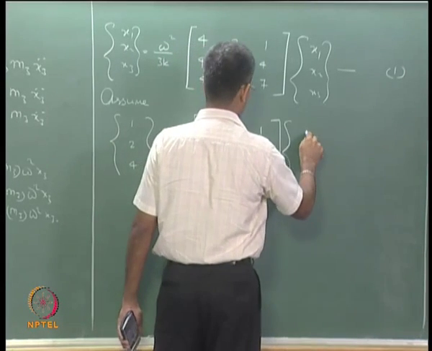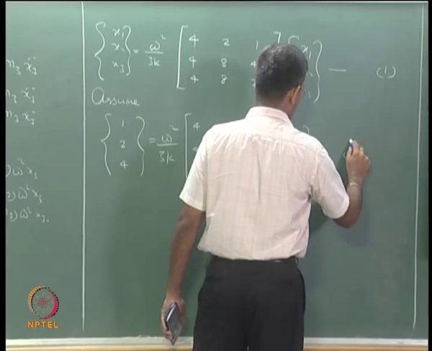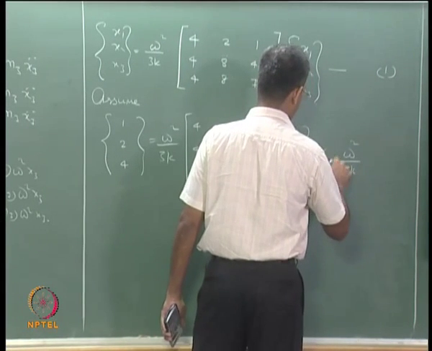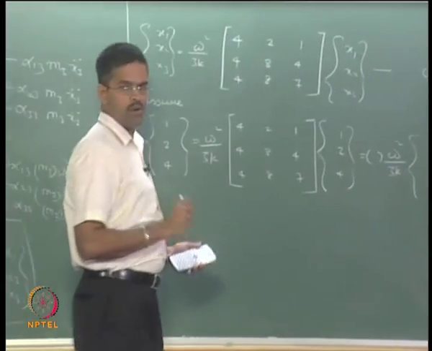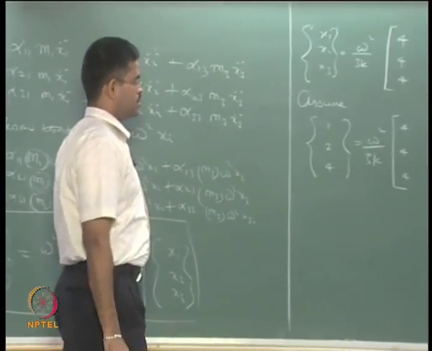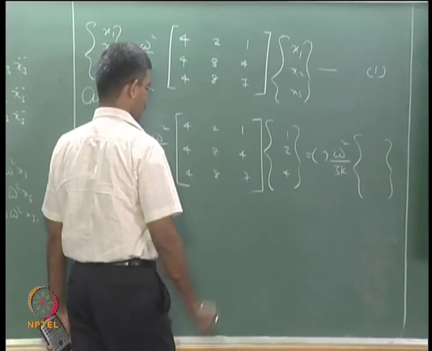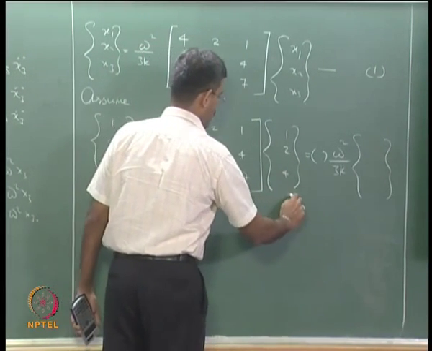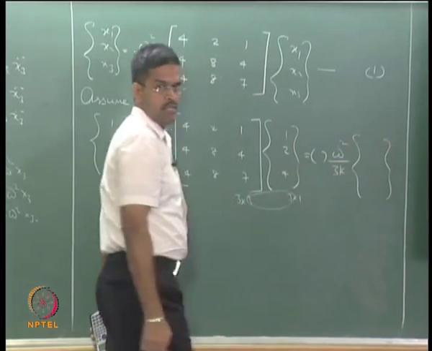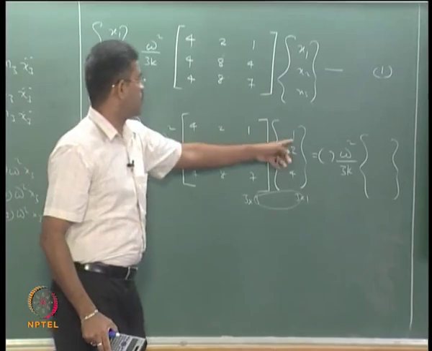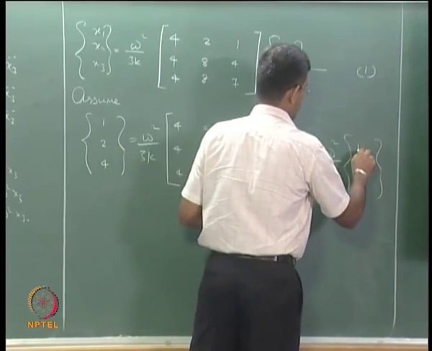Multiply again with 1 2 4, I get omega square by 3k. There is a small correction here, please see how we are doing it. Let us multiply the first row with the first column, because this is a 3 by 3 matrix and this is 3 by 1, so I ultimately get a 3 by 1 vector. The first value will be 4 plus 4 is 8 plus 4 is 12.